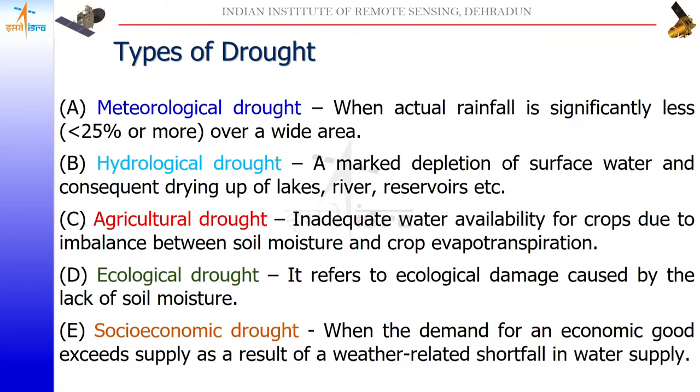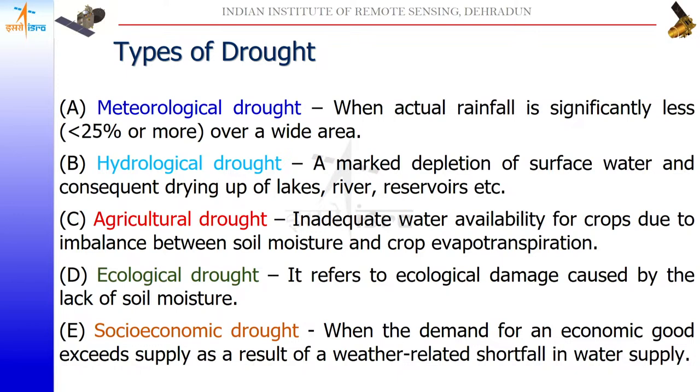And third and most important is agricultural drought, which significantly impacts a large population, pan India, where such drought conditions may prevail in a particular season. So what is agricultural drought?